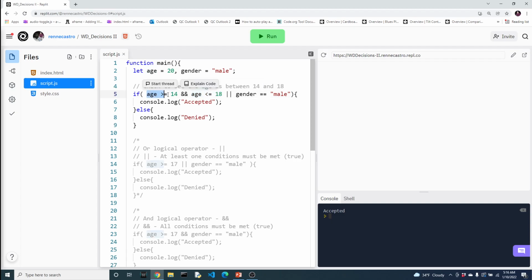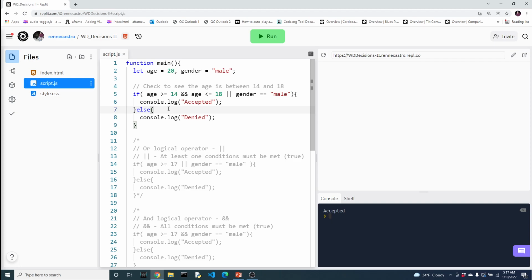But because this is part of the and logical operator, this side turns out to be false. But if you recall with the or statement, one of the two sides has to be at least true. And it happens to be that the right side is true. So we're accepted here. Again, these are a little more complex examples, and with experience, you'll get comfortable with how to use these logical operators.